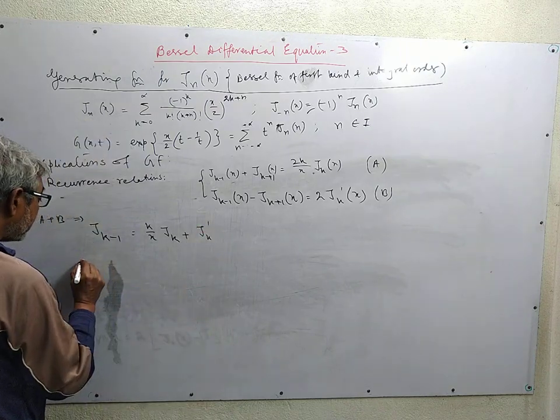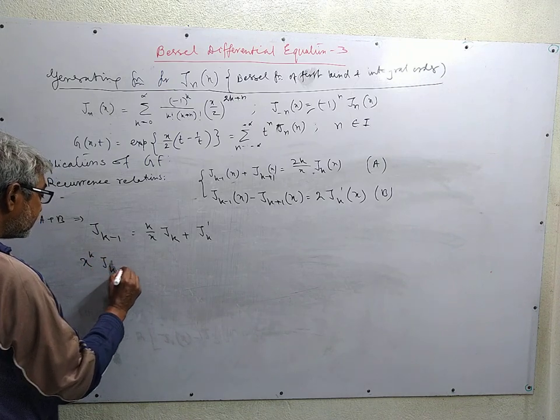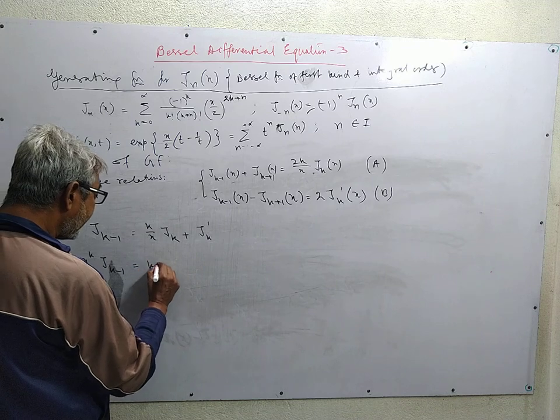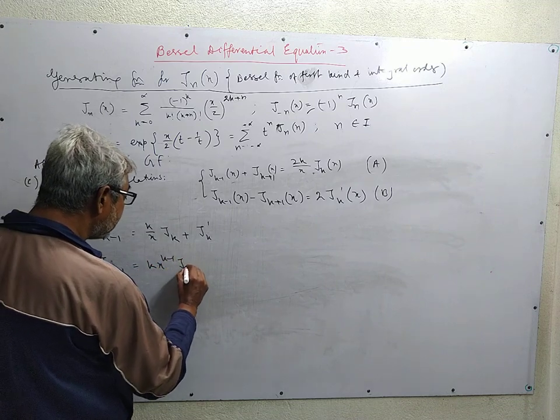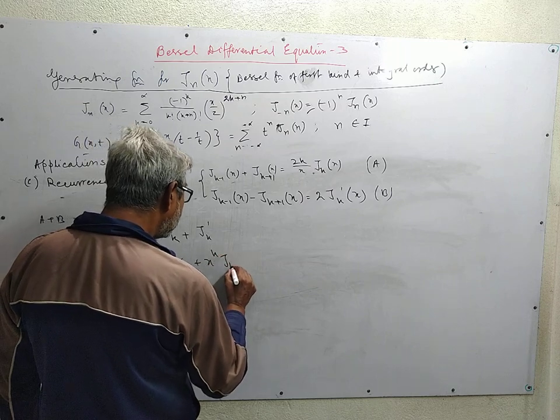We multiply both sides by x to the power k, and we get k x^{k-1} J_k plus x^k J_k'.